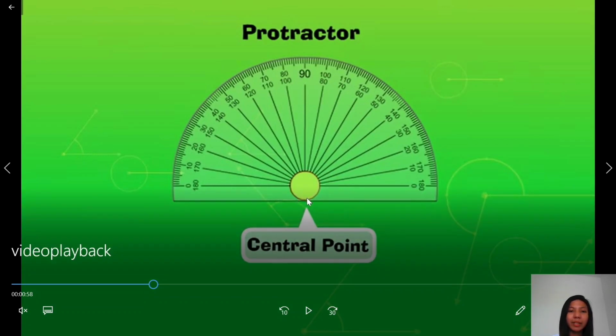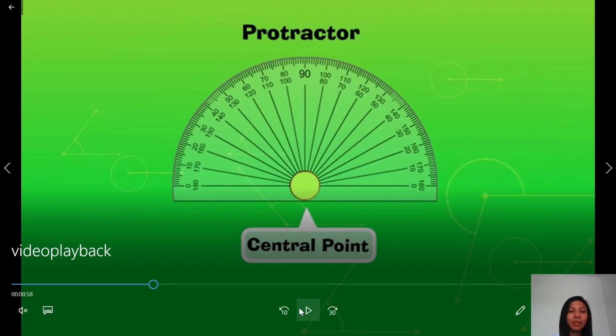So from here, 0, 10, 20, 30, 40, 50, 60, 70, 80, 90, and then up to 180. But if you are from here, so this is the 0. But the right way is from here to there.